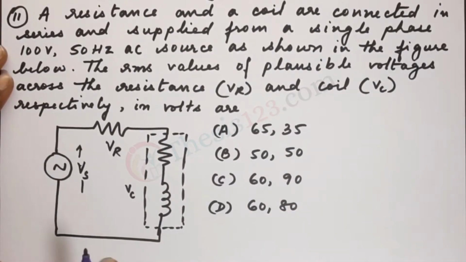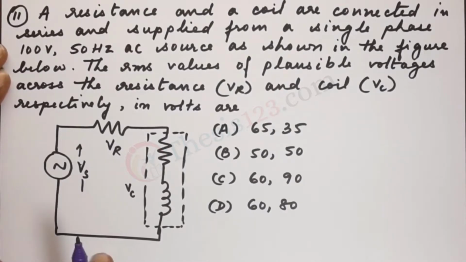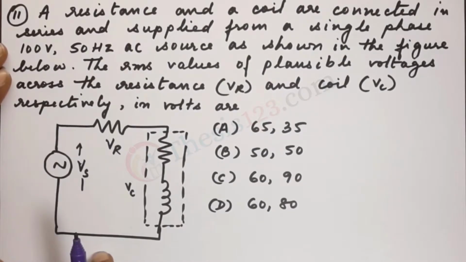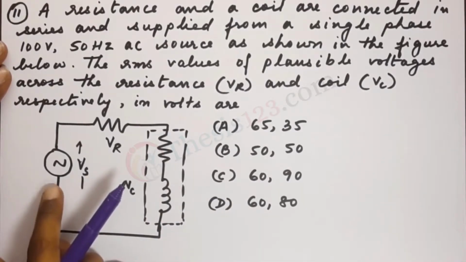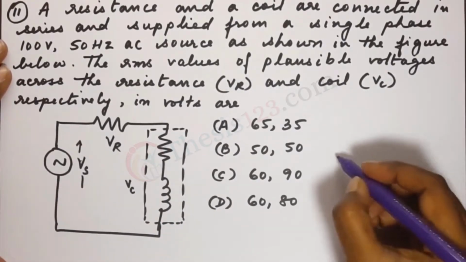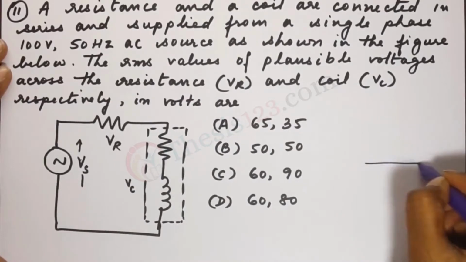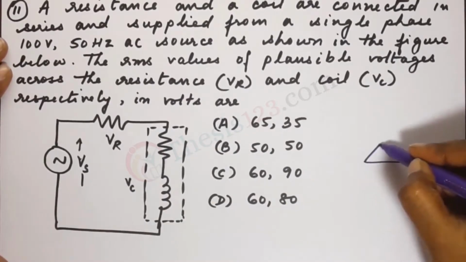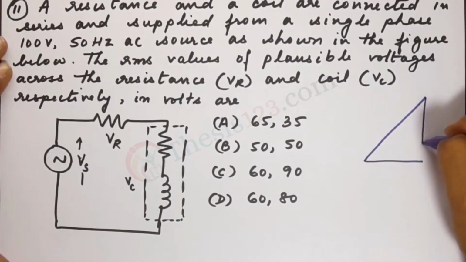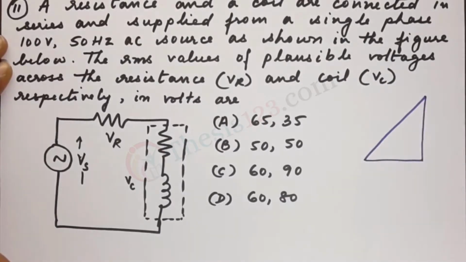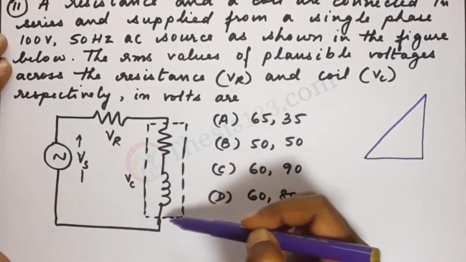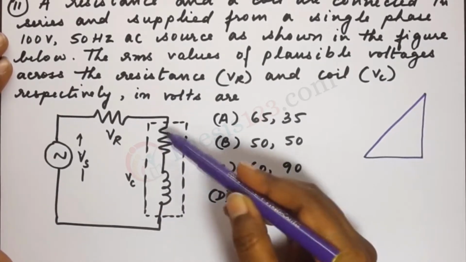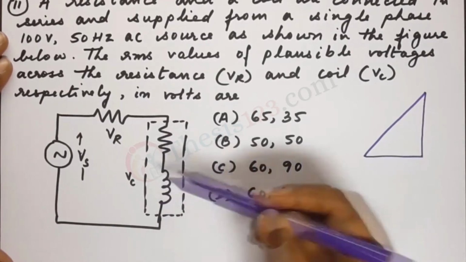Now, in order to solve this, I think the best way to do it is by drawing a phasor diagram, because here our source is an AC source, so it always helps to see how the phasor diagram looks. We have the VC that is given over here, the coil, the current and the voltage across this coil.